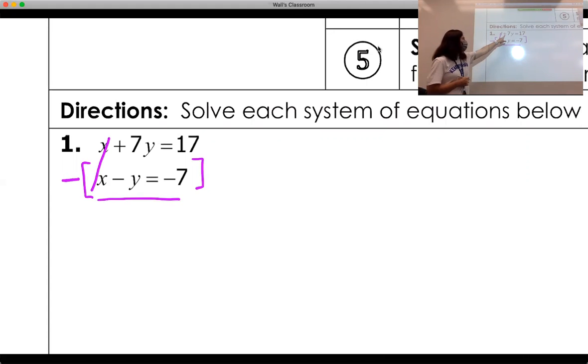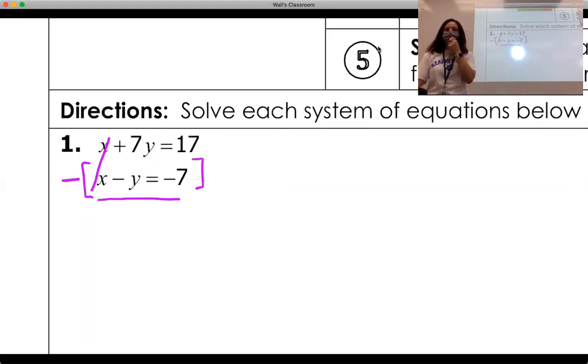So if we go to the other one, you just have to be super careful here. When we go to subtract 7y minus negative y, we have a minus here and a minus here. So we end up doing positive 7 plus y. So this subtraction has to apply to everything.